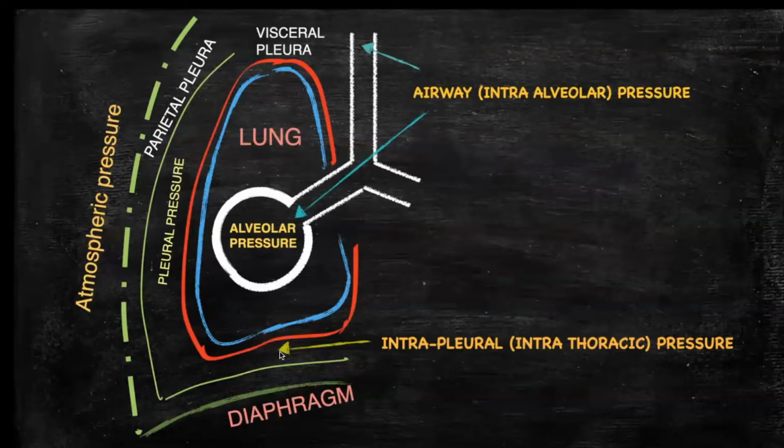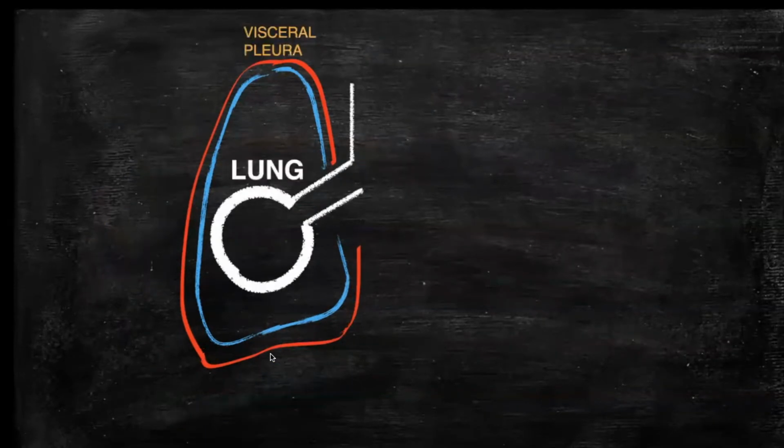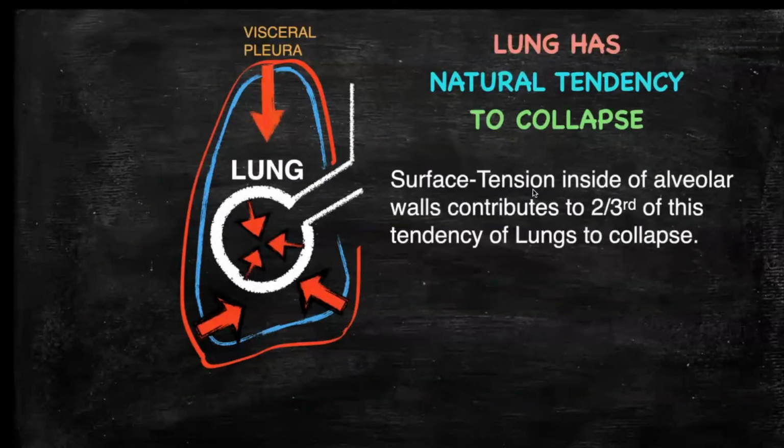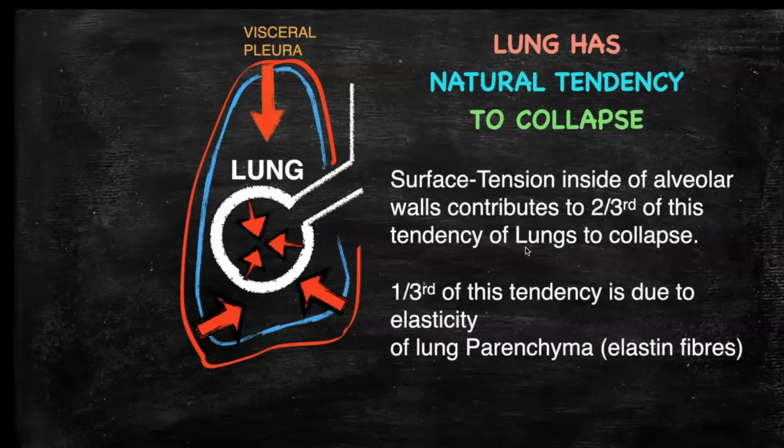This is the pleural pressure. This is the pressure between the parietal and visceral pleura. So normally, the lung has a natural tendency to collapse on itself, and surface tension inside the alveolar walls contributes to 2/3 of this tendency of the lungs to collapse, while 1/3 of this tendency is because of the natural elasticity of the lung parenchyma, that is elastin fibers.